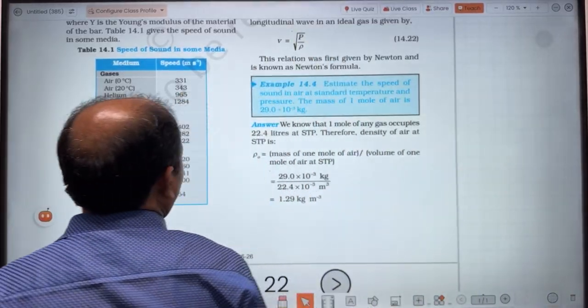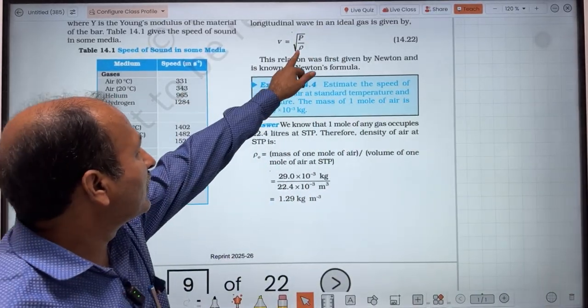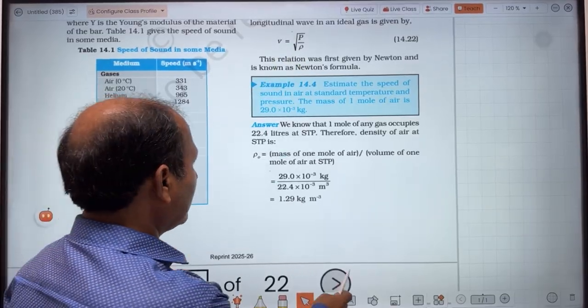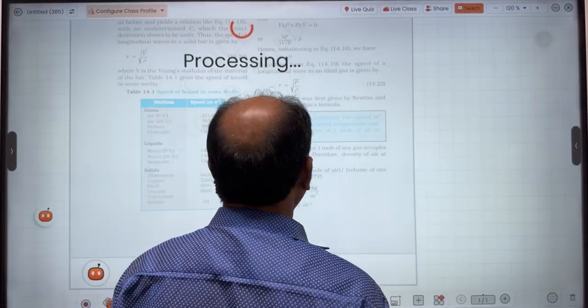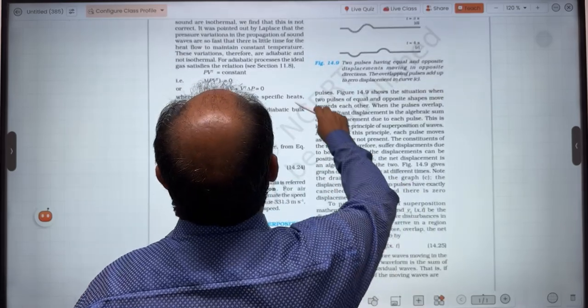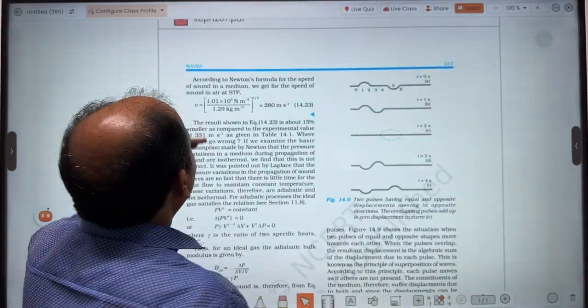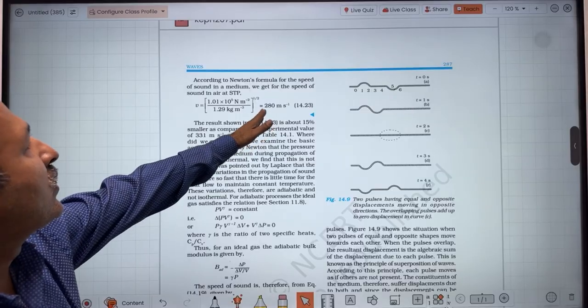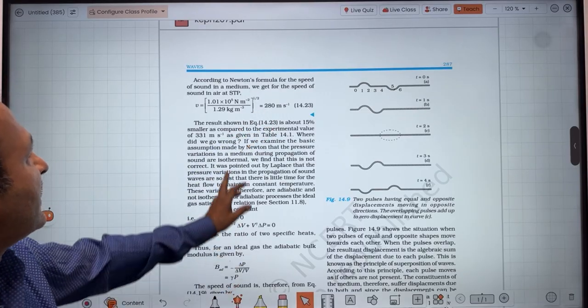So those two values we are going to put here, in place of rho we will write this value, and pressure we will write. So on putting the values, we get v equal to 280 meter per second.